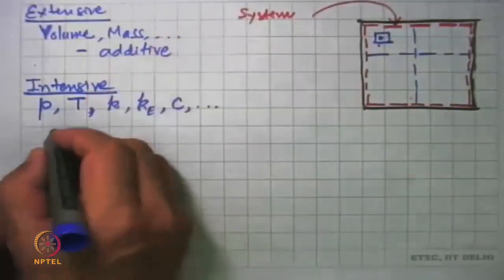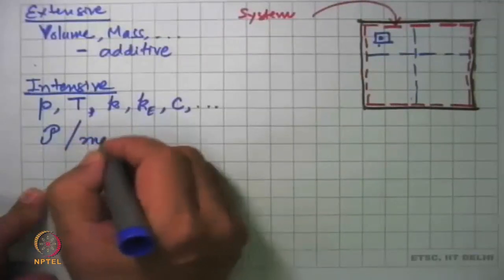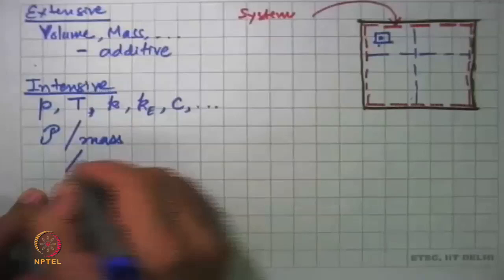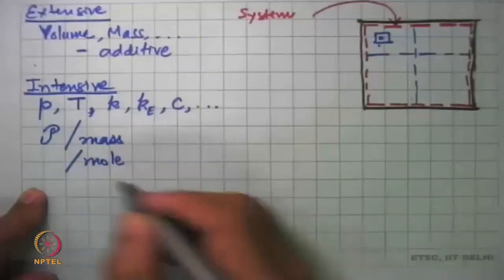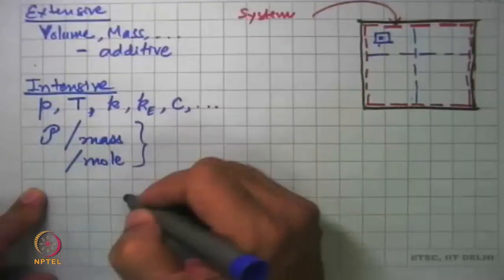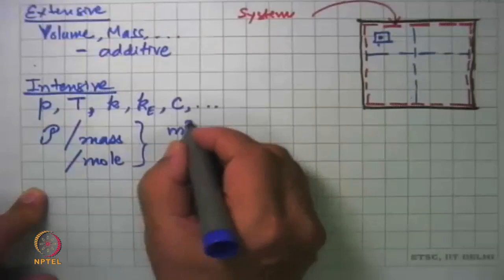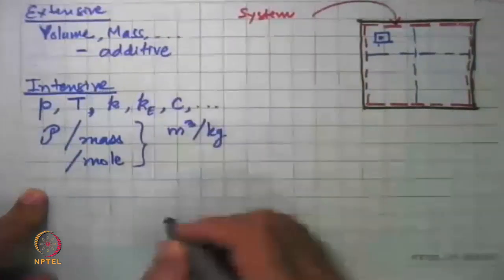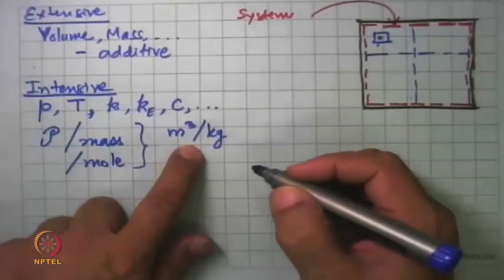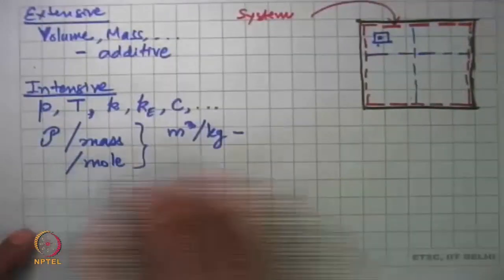And we use a large number of properties which are extensive, but we make them intensive. So we say that any property per unit mass or per unit mole is an intensive property. So if we take volume per unit mass, that is meter cube per kg, this becomes an intensive property, and in all these cases we call this a specific property.